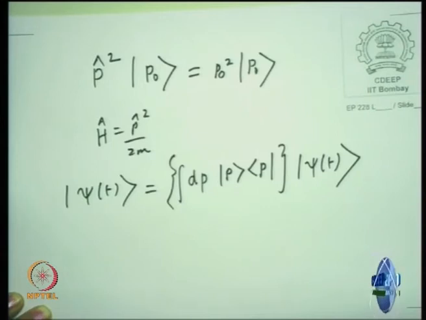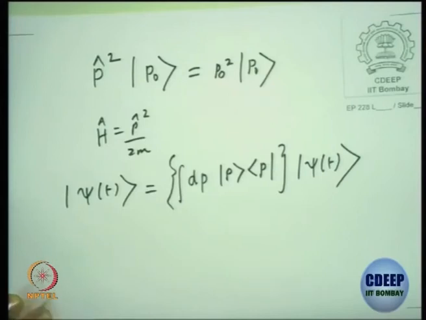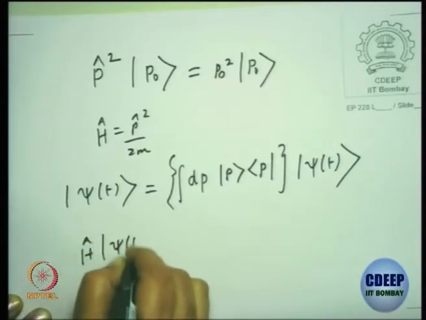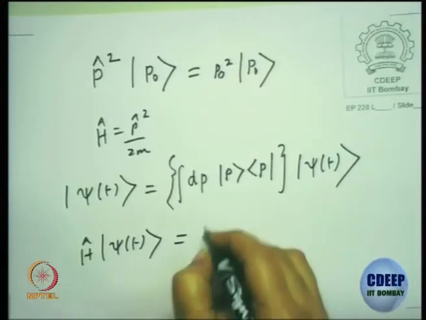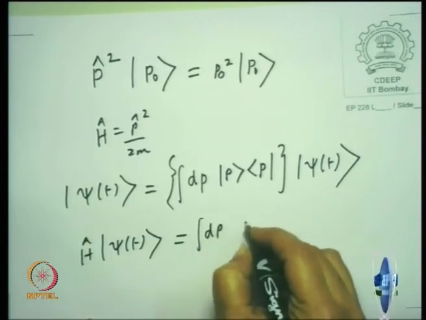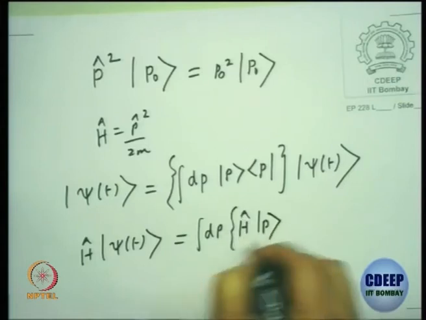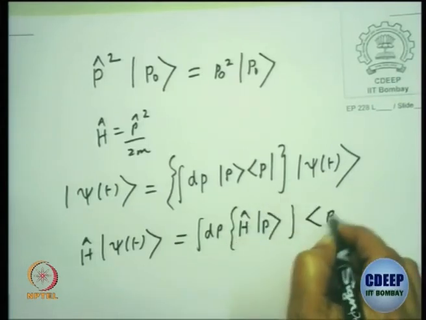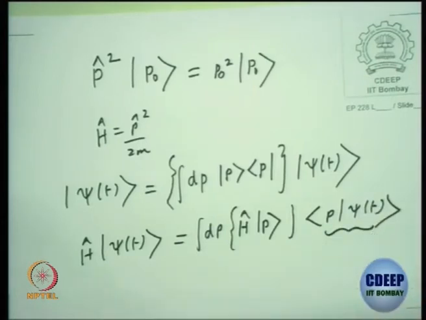Right. So, that will give you the Hamiltonian when you operate H on psi of t. You can take the integral of dp outside. This will be H on p. And what will I call the inner product of p with psi of t? So, this is a Fourier transform of your wave function, psi tilde of p, t.